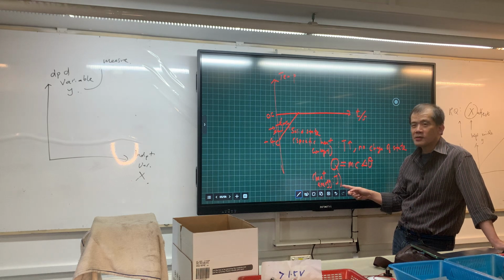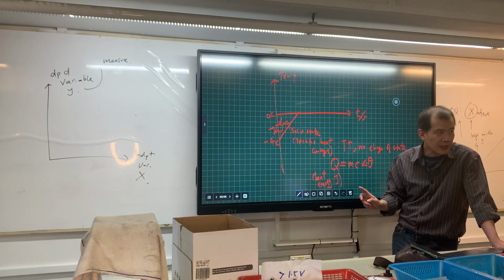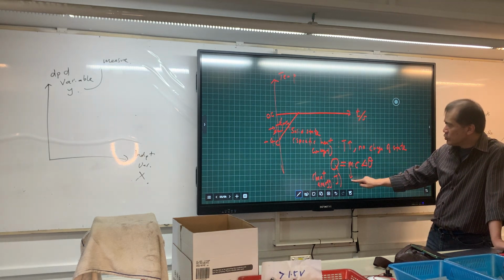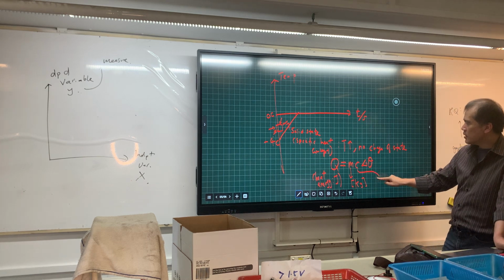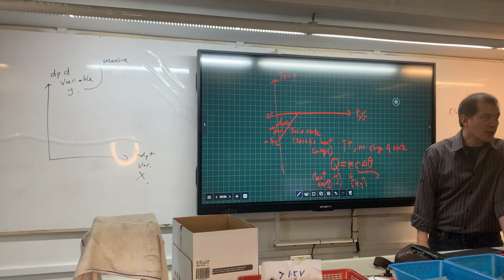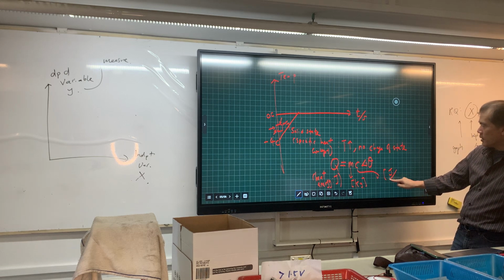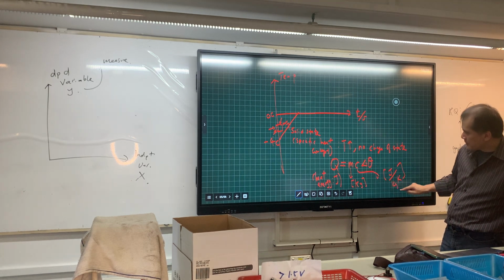This joule is a relative of the concept called calorie in food science. M obviously is mass in units of kg. C is the symbol for specific heat capacity. The unit is joule per kg per Kelvin. This is your specific heat capacity, by the way.